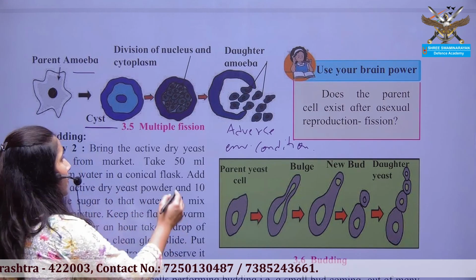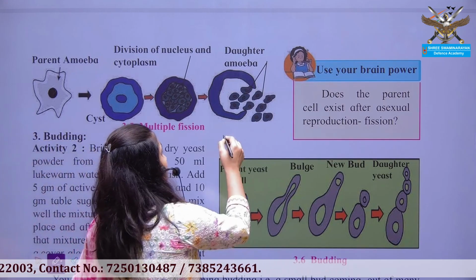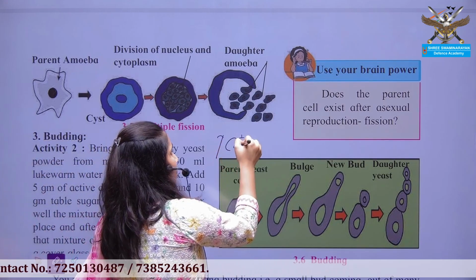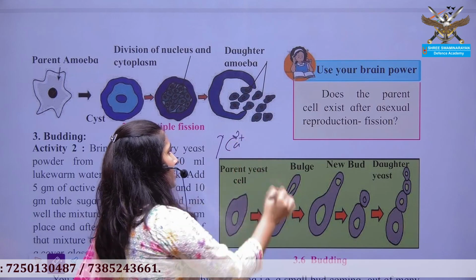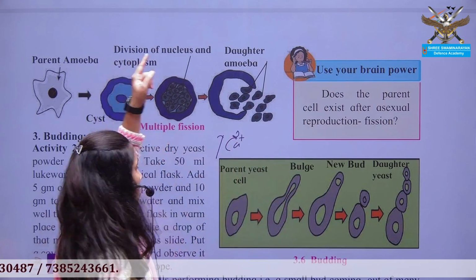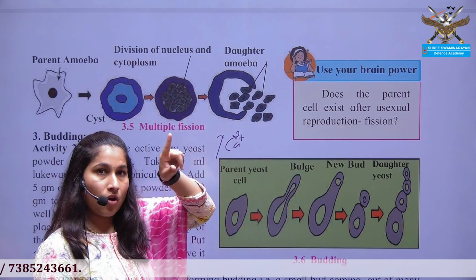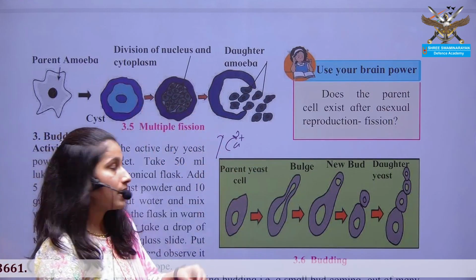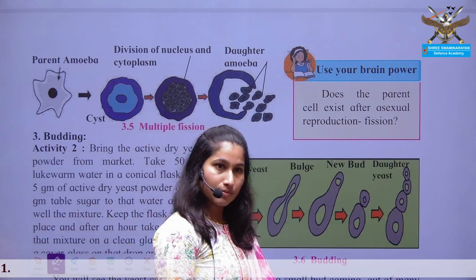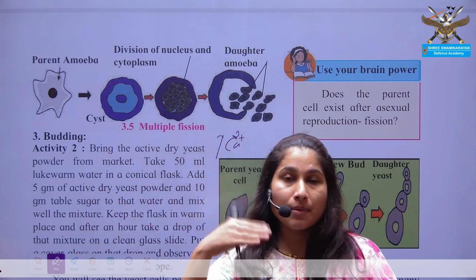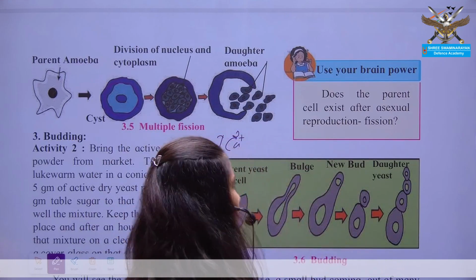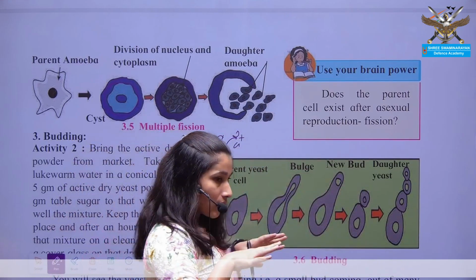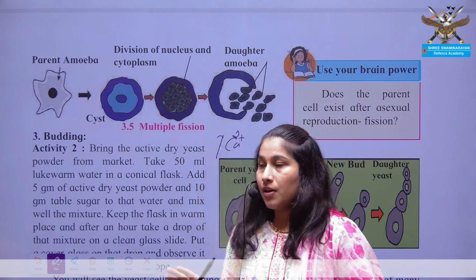In this cyst formation, there is an increase in the amount of calcium in the surrounding covering, known as the cyst. There the amount of calcium is more, because of which the harsh environmental condition does not affect the organism, and the organism itself survives within the cyst.